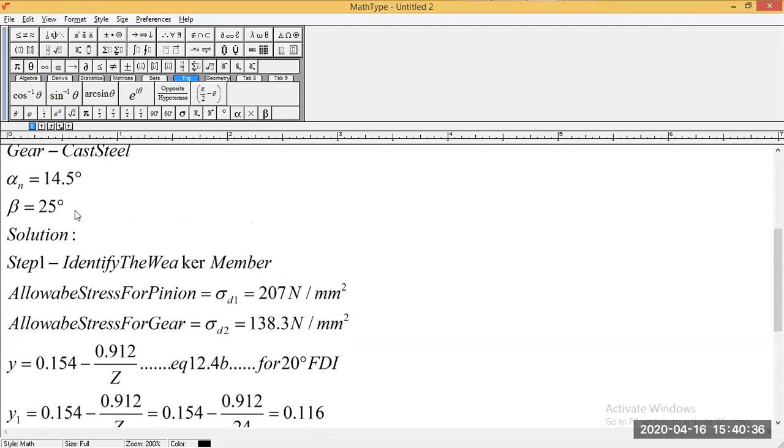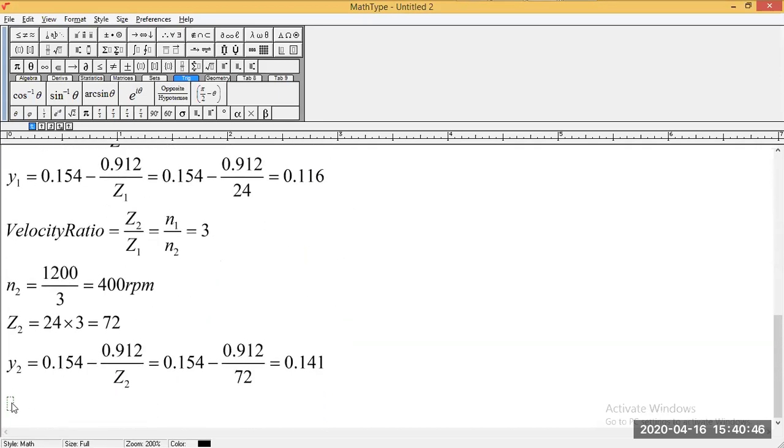So let's check it out. The sigma D1 into Y1, whether on what stage it is. Let's copy this. So this is sigma D2 and Y2.